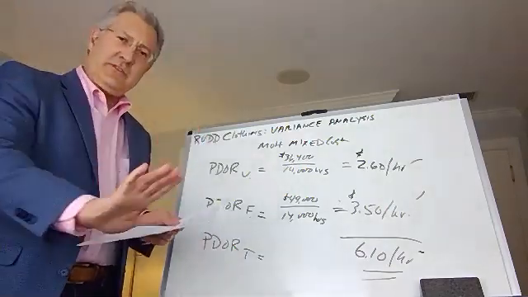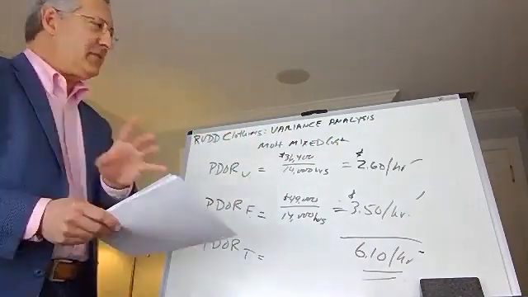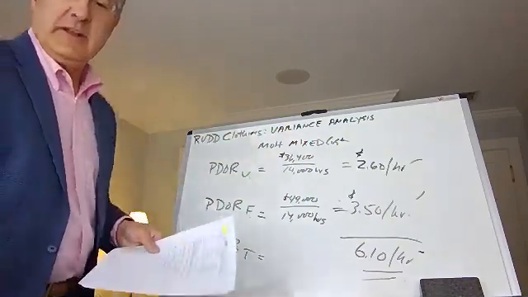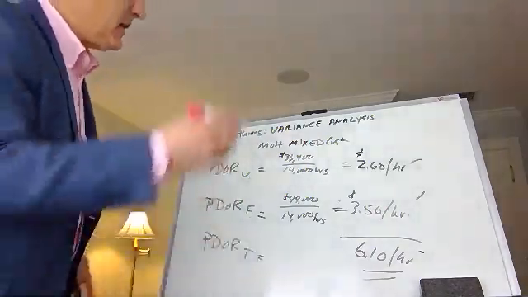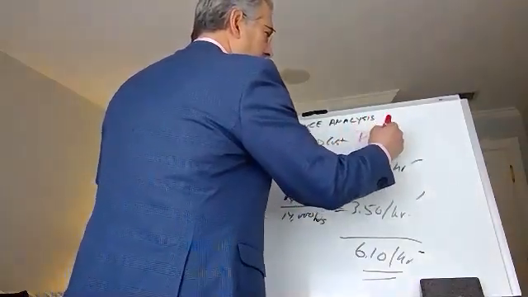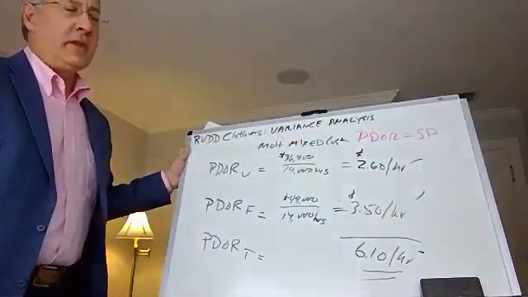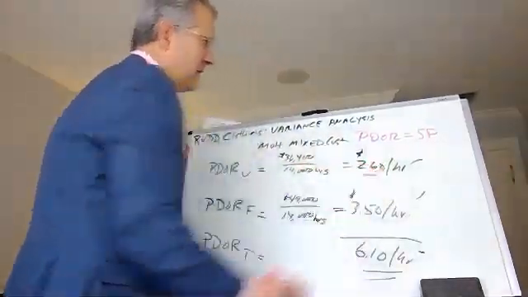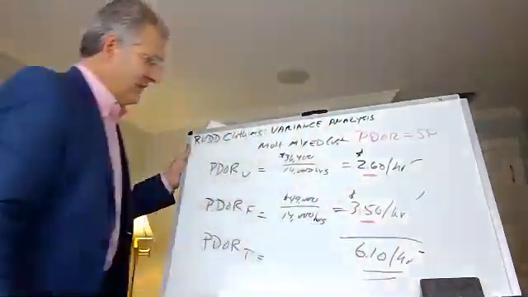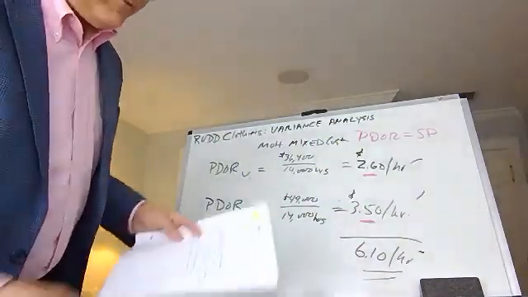If you look at the solution, it's simply taking quantity and price information for materials, labor, and overhead and putting it in a standard cost card. But I will tell you this, PDOR equals the standard price for overhead. Variable standard price, $2.60. Fixed standard price, $3.50. We'll need to see that in a few minutes.